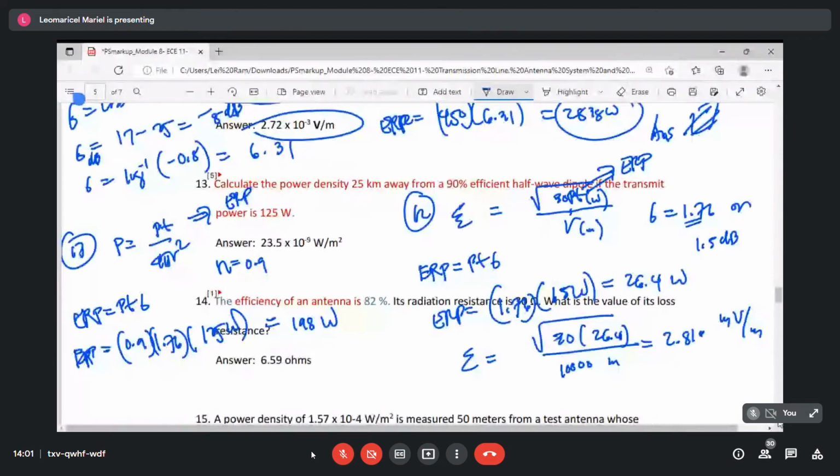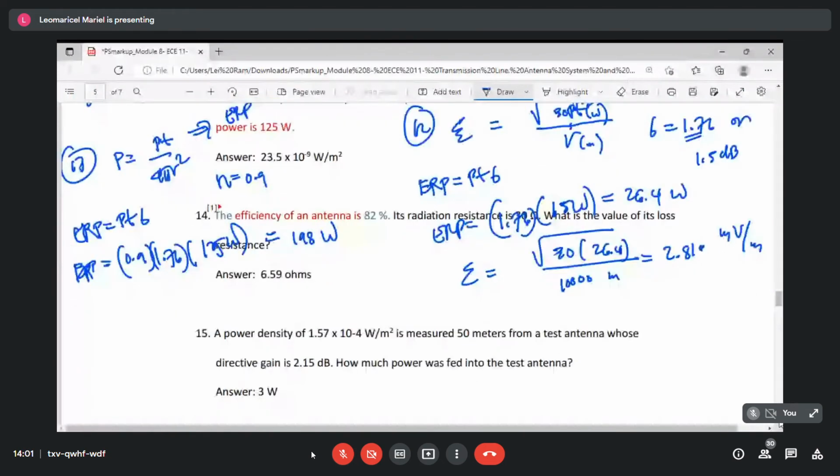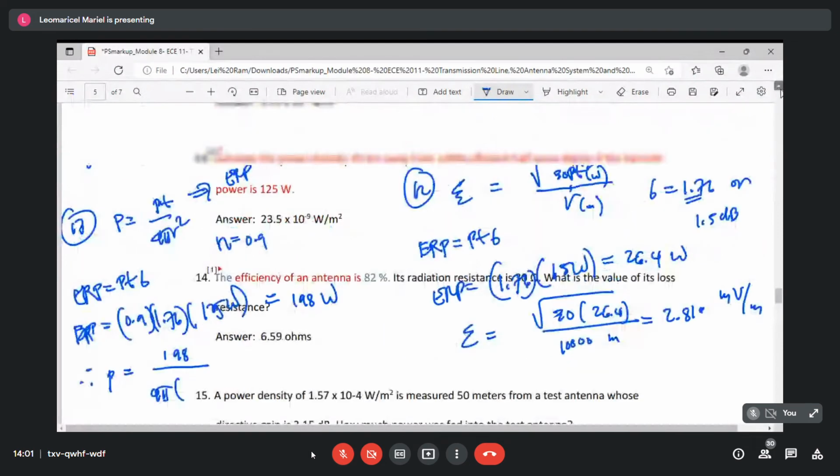Oh, 198. Therefore, the power density, PT, na ERP na ilalagay natin na 198 over 4 pi multiplied by radius square. Ilan yon? Saan siya nakalagay? 25 kilometers.